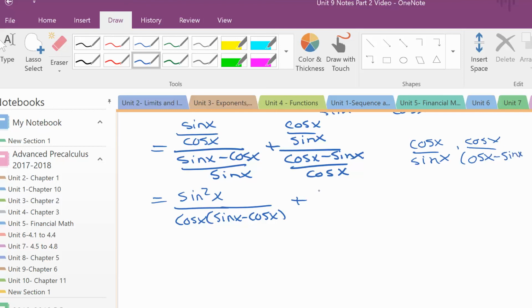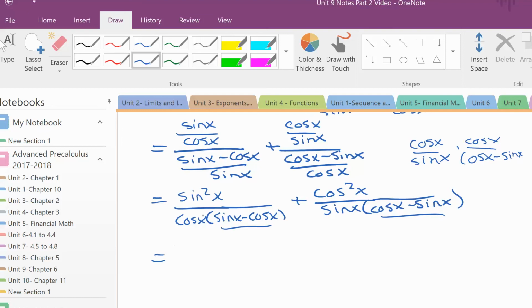So you would get cosine squared over sine x times cosine x minus sine x. Now, you're thinking, well, I have sine squared plus cosine squared. That's awesome. The only problem is the denominator is not the same. Notice these are opposites, so you're going to have to multiply one of them by negative. And also, this side you need a sine, this side you need a cosine.